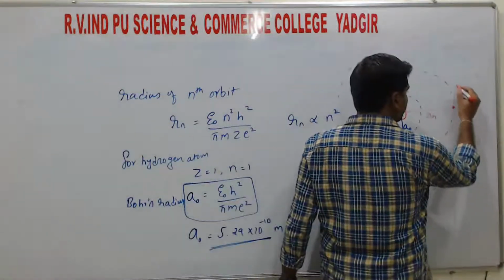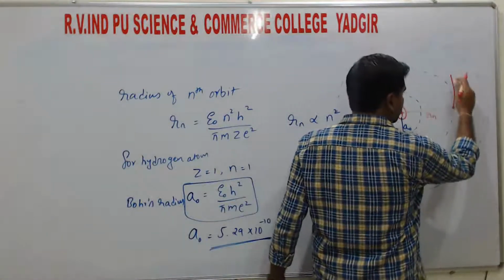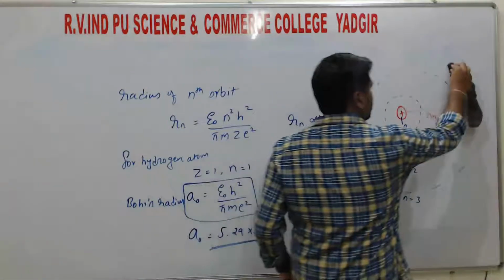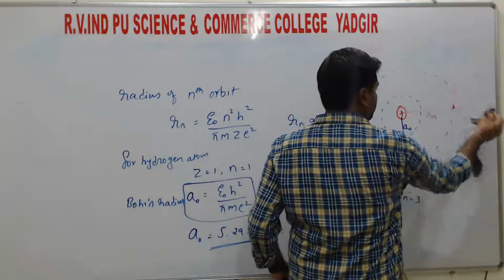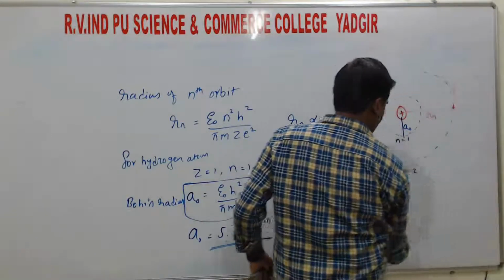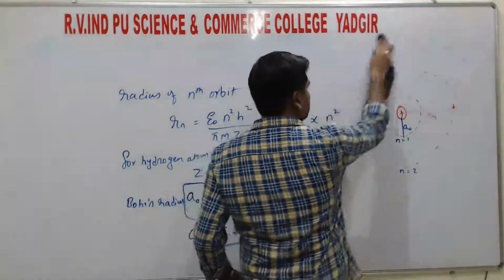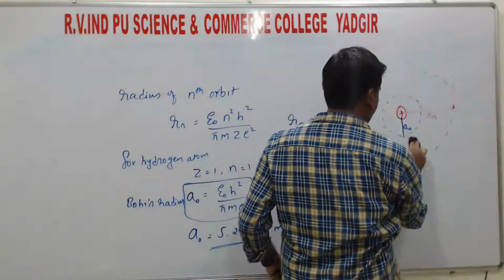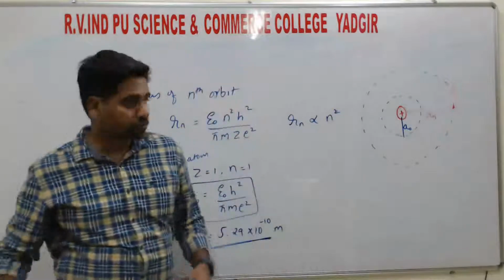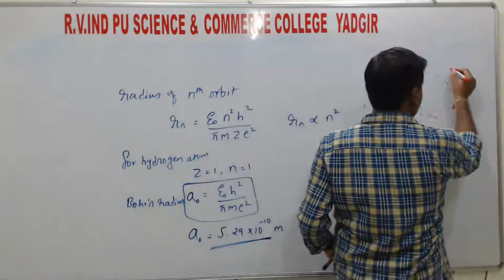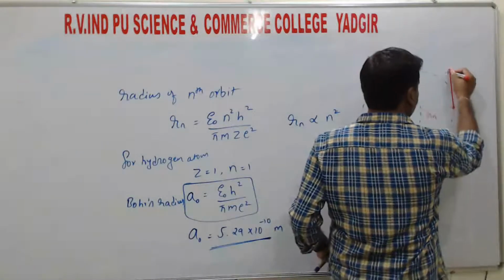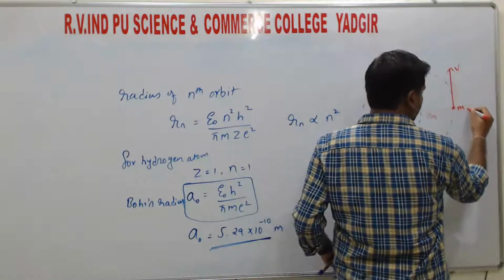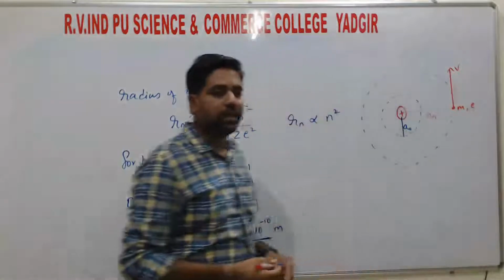Here we have the electron, which has velocity v, and the electron has mass m and charge e.